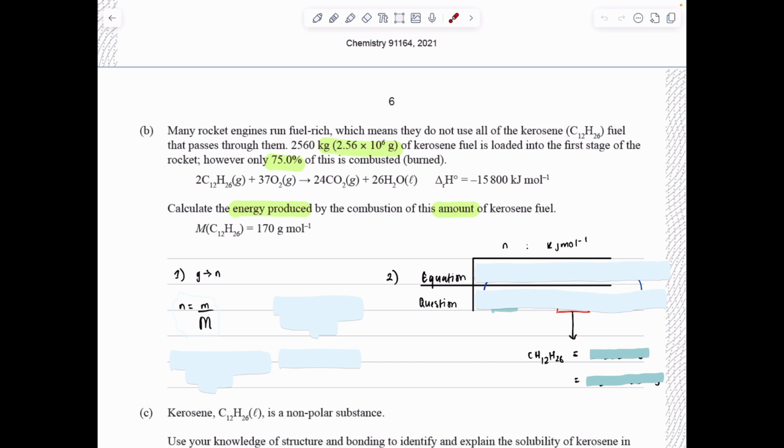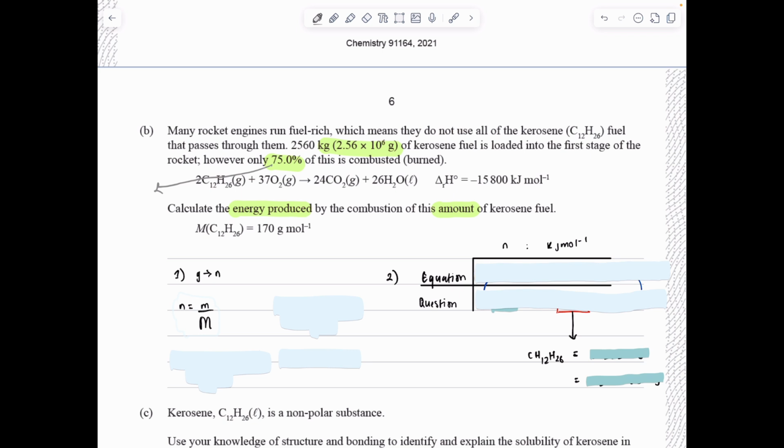And we have to be mindful of the fact that 75% of this many grams is used. So for the mass, we have to show that 75% of this is used. How do we do that? Well, we're converting it into a decimal.